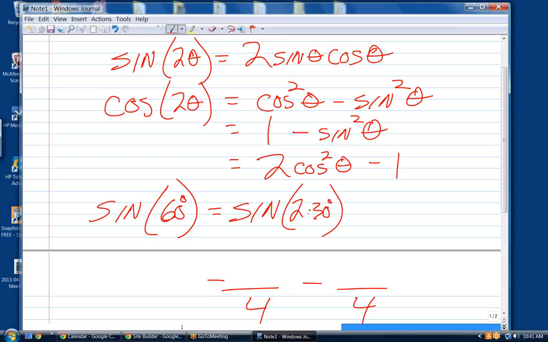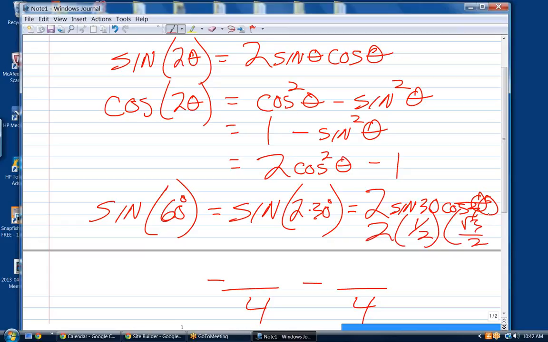So now theta is 30. You with me? So that's going to be 2 sine of 30 cosine of 30, which is 2 times 1/2 times root 3 over 2. That 2 cancels with that, and I end up with root 3 over 2, which I knew to be the correct answer anyway.